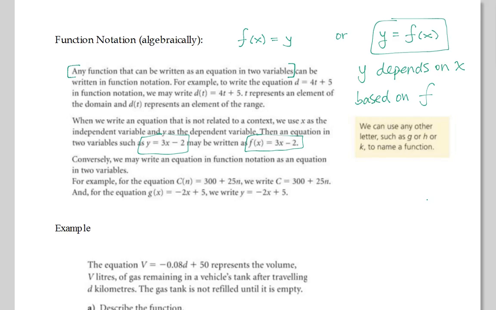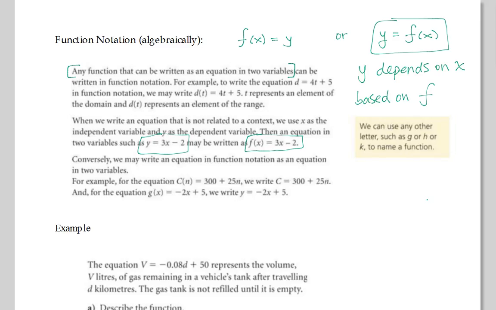I'm going to take my time, times it by 4, and then add 5. That's all it is. One down here is a cost equation. The cost depends on n, the number of items. I'm going to take my n, times it by 25, and add 300. This one here at the bottom, I'll give you an example about that one.